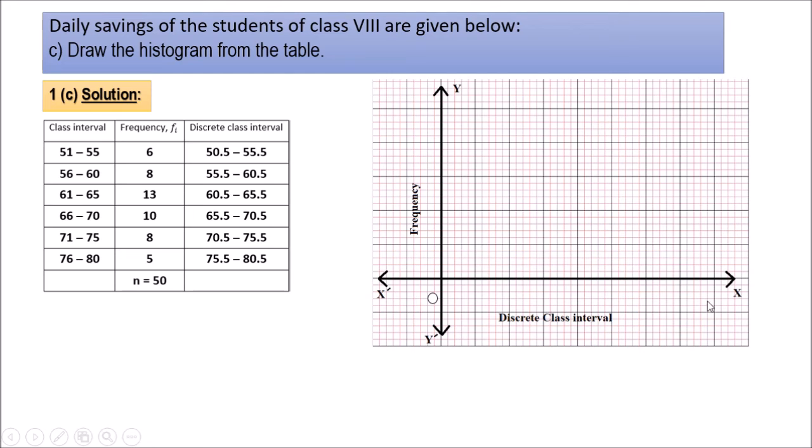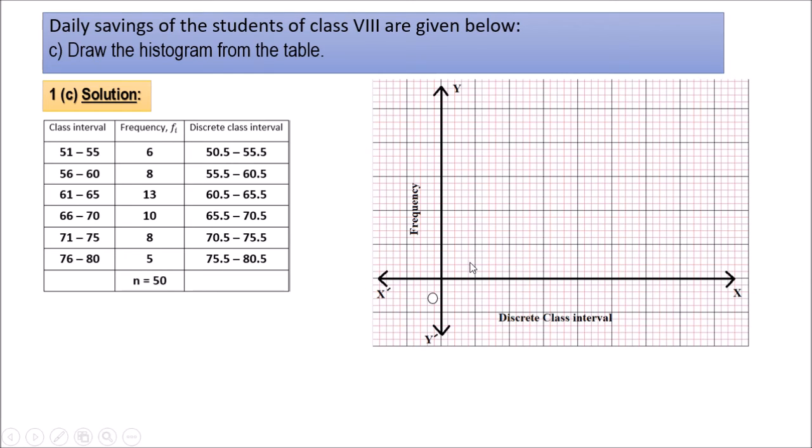You have to mention X bar, Y and Y bar, and in the center O, and write the discrete class interval this way. You have to write frequency this way. You have to put the arrow sign, which means these lines are continuous. All those things you have to do.